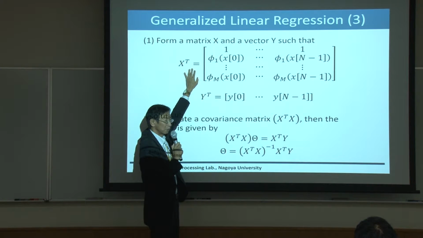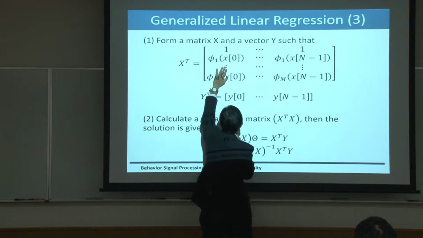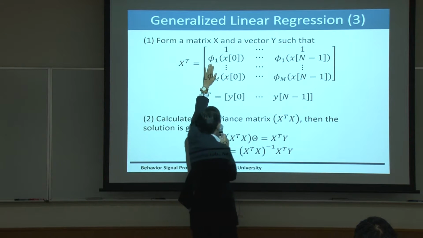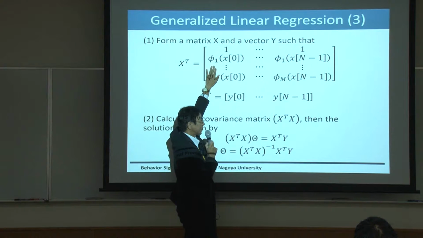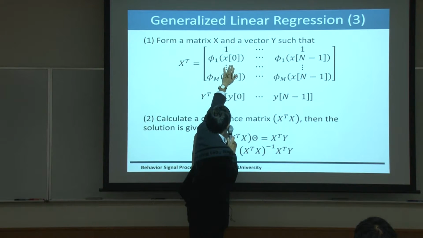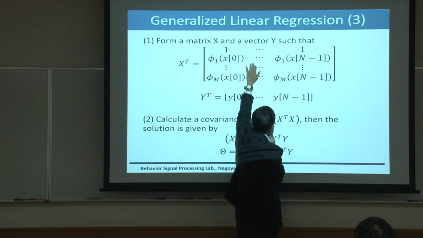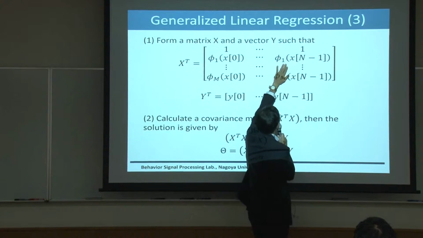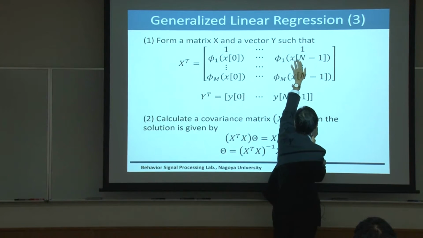You make this 1, and then you calculate the function value for the function phi 1 with respect to the first input data x0, the second input data x1, and the final input data x n minus 1.